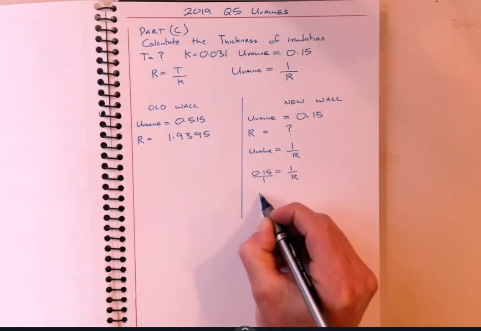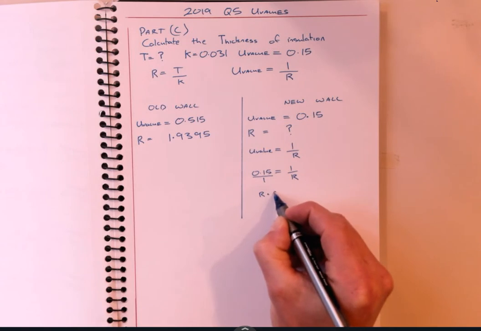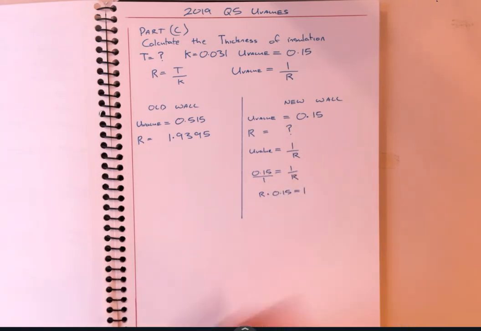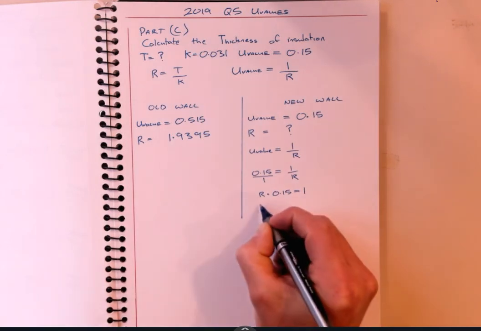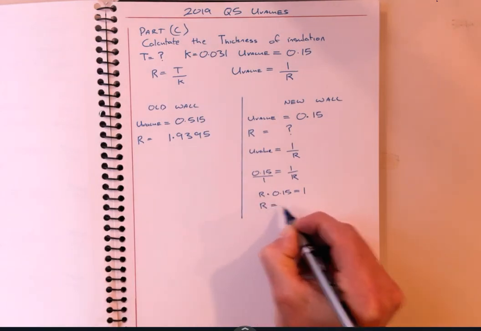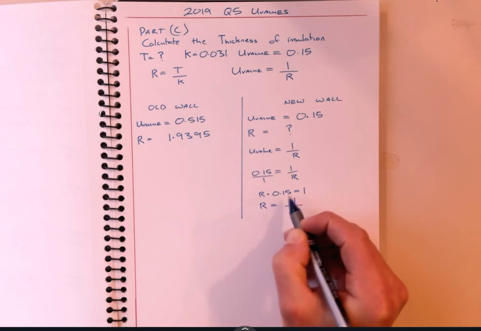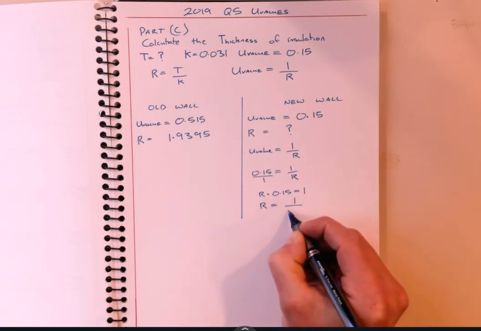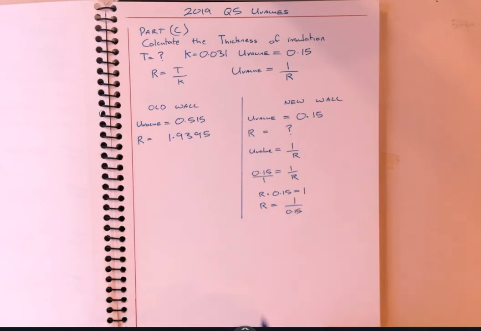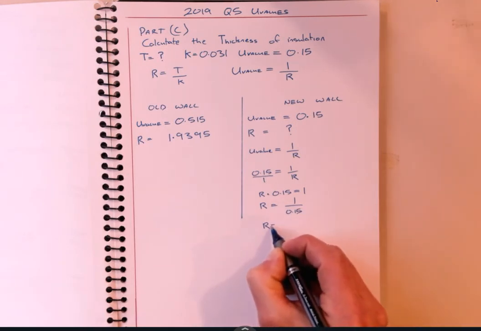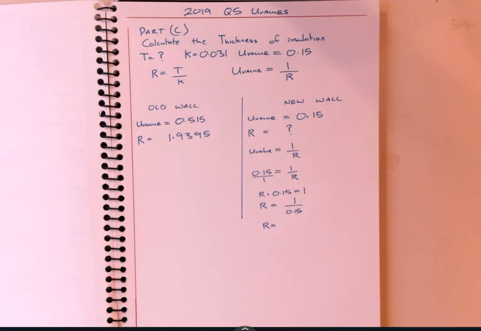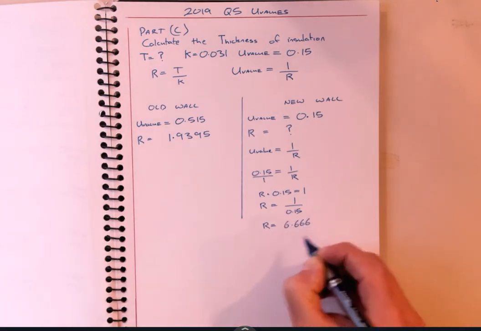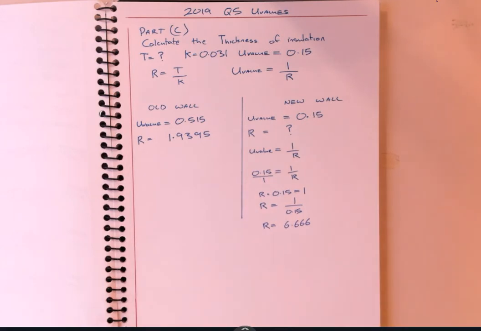So R multiplied by 0.15 equals 1 multiplied by 1, which is 1. We want R on its own, so we're taking this across and making it a divide. So 1 divided by 0.15, which we work out in the calculator, is 6.666. And that's the resistance that we need to stick on.